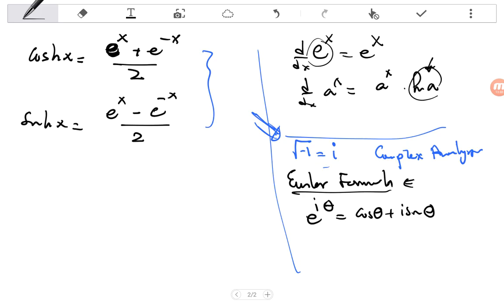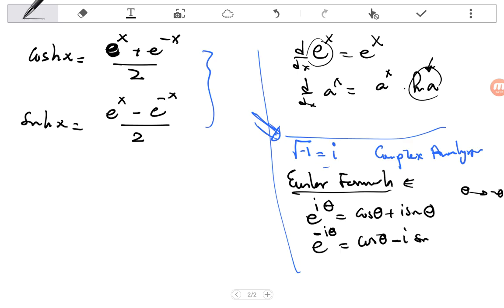If we substitute theta with negative theta, we will get another formula, which is e power minus i theta equal to cosine theta minus i sine theta, because if you take the minus inside the sine, it will be taken out.